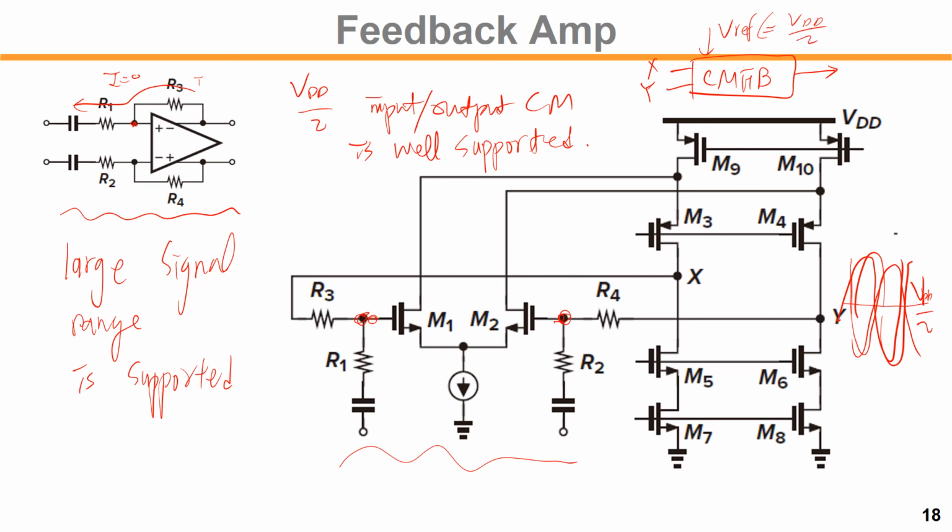We would like to put the common mode to half VDD. So to do that, we need this common mode feedback to be there. So we are going to see how we can implement those common mode feedback circuits in the next lectures. Okay, we will stop for now.